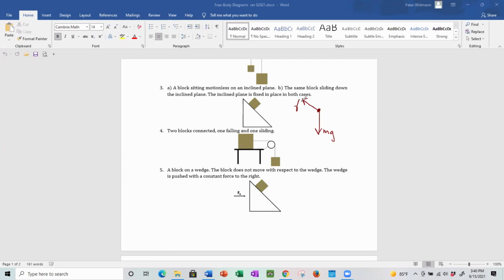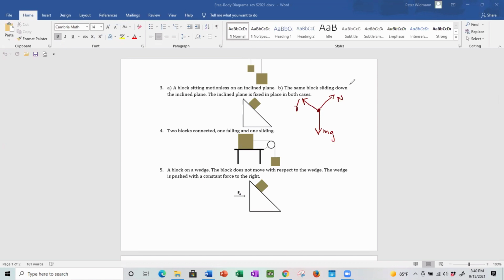The normal force is still acting on it, right? Of course. So that would be, again, up to the right. Anything else? I feel like yes, but I'm not sure. No, there's no more. Okay.